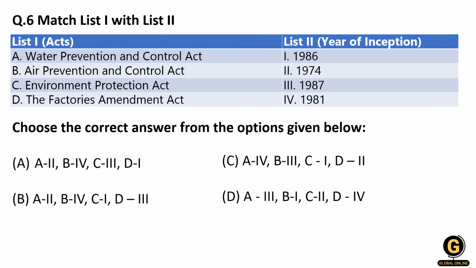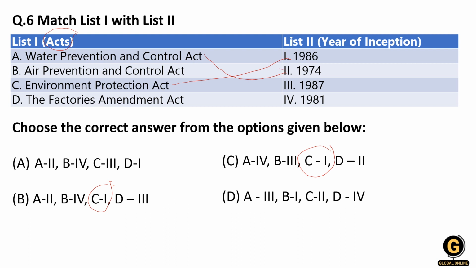So they have given us the act and the year in which they first came, right? So we know the very famous act, the Environmental Protection Act, came in the year 1986. So we have two options here. Then I also know very well that the Water Prevention Act came in the year 1974.